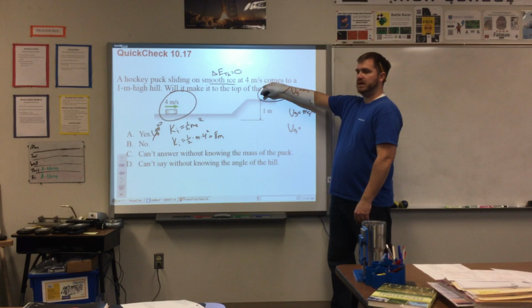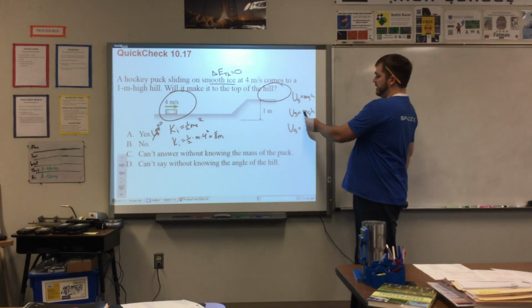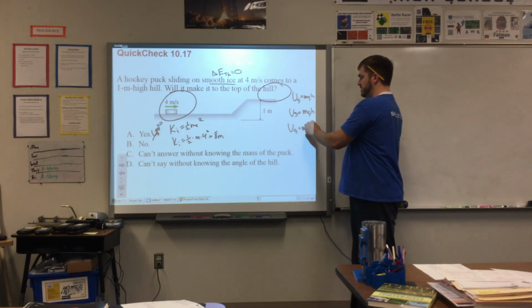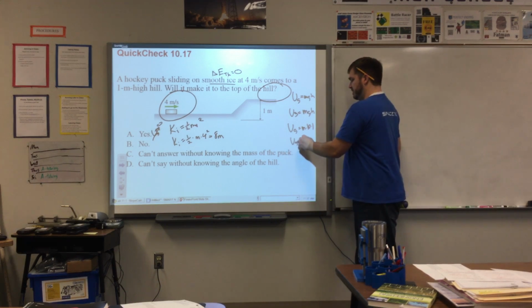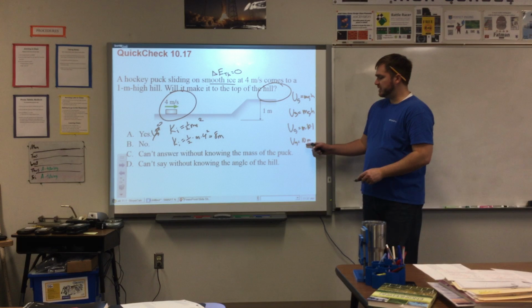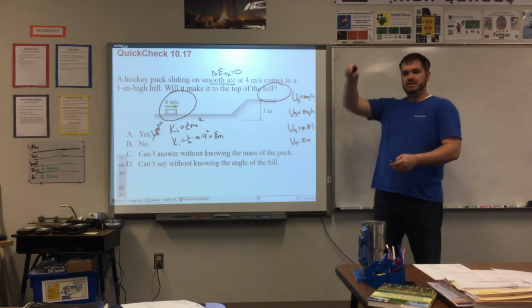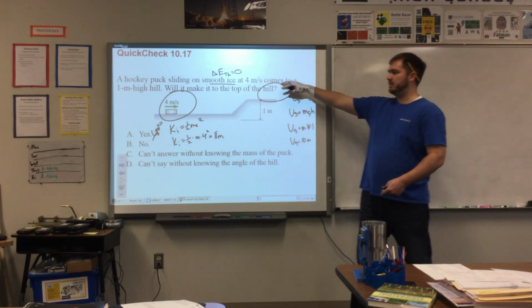If it is up here at the top and not moving at all, and it just has potential energy, okay, then that's going to be m, we'll round the g to 10, and a height of 1. So it's going to take 10m joules of energy to be able to get up here.